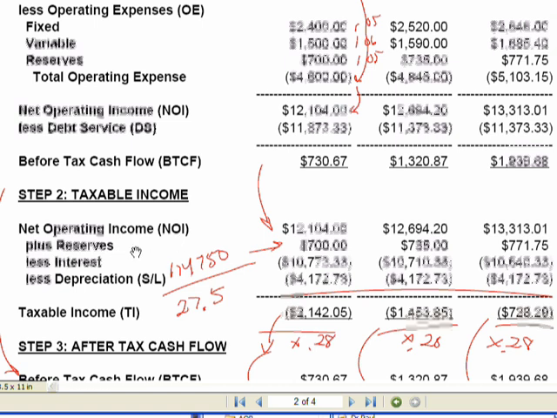So there's a little potential there for mischief or false reporting. So the IRS says that we don't like the reserve idea. If you subtract it out as an operating expense above in calculating net operating income, you have to add it back in when you calculate taxable income. But we can do that. It's not a problem. So the next step is just to bring down your reserves for each year, because we're going to add those back in.